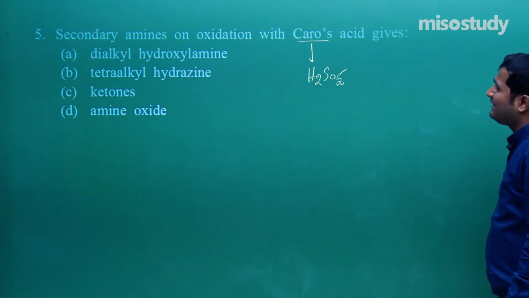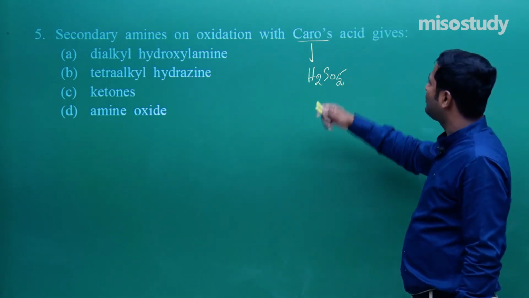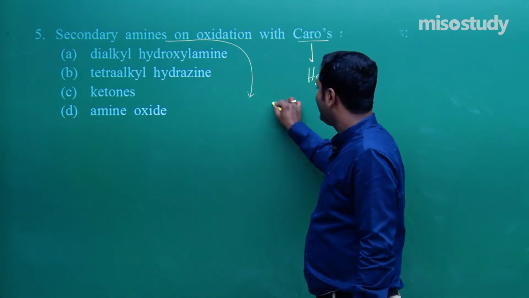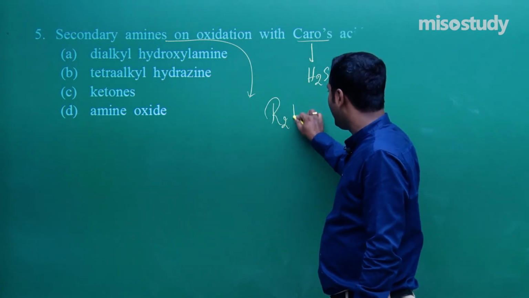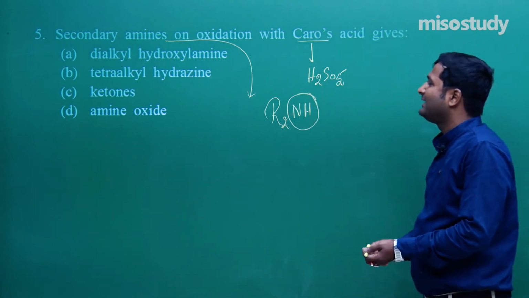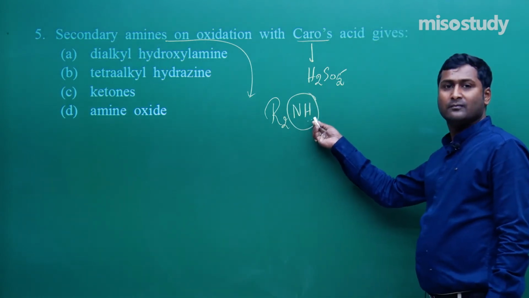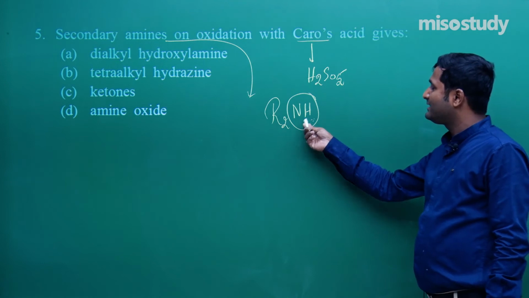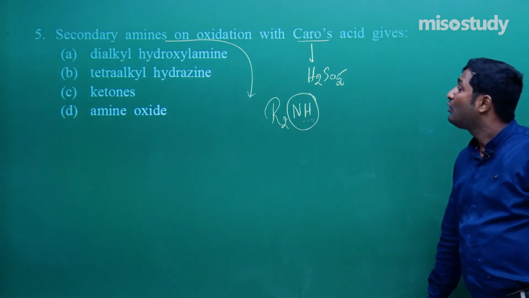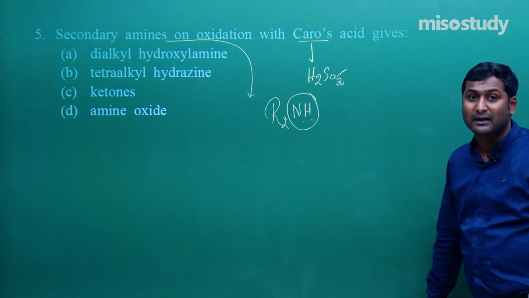What is a secondary amine? A secondary amine is R2NH. NH is the functional group. So now tell me what will happen.